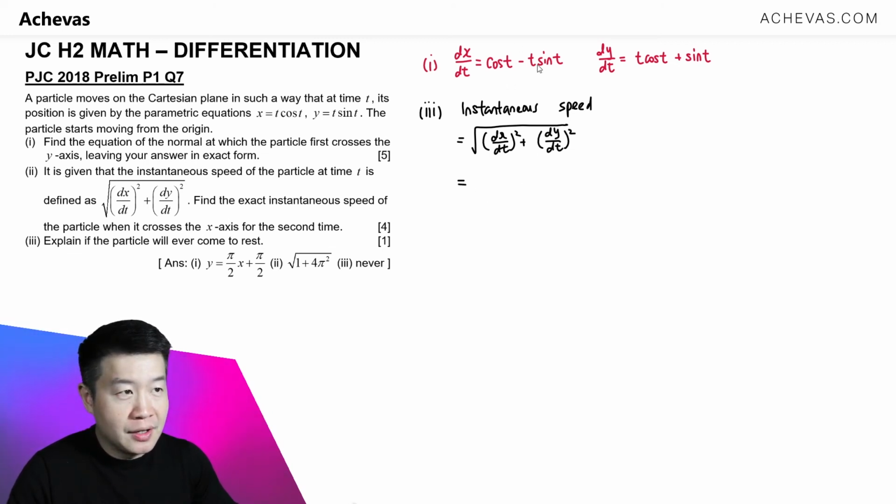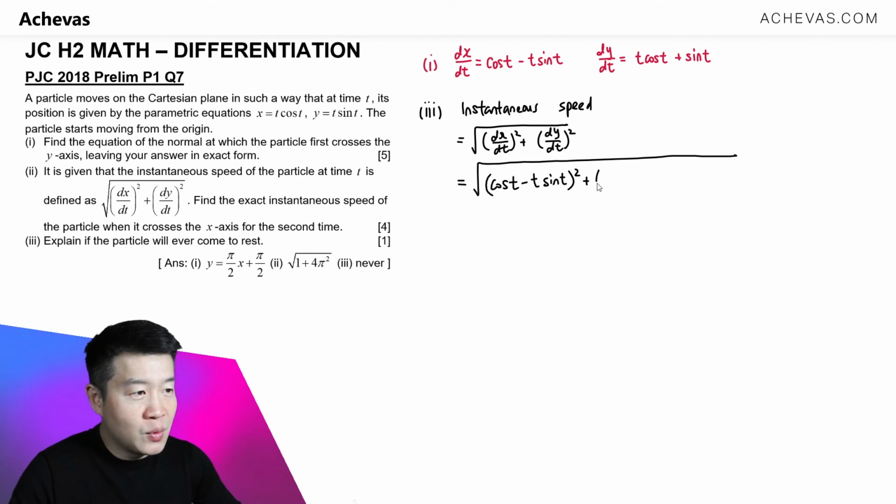It's going to be too long an expression, especially since we are going to be squaring both. So let me draw a super long square root here. So this is going to be cosine t minus t sine t square plus dy dt square. So we have t cosine t plus sine t square.